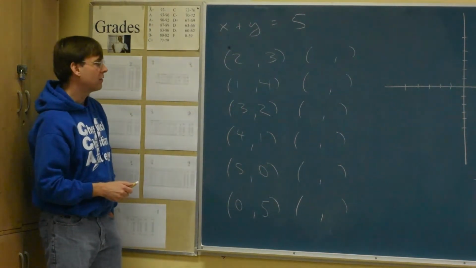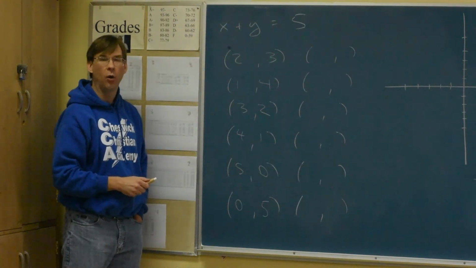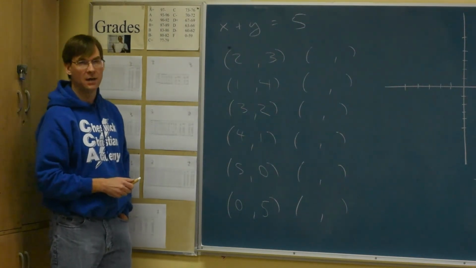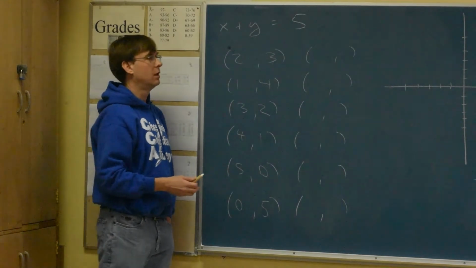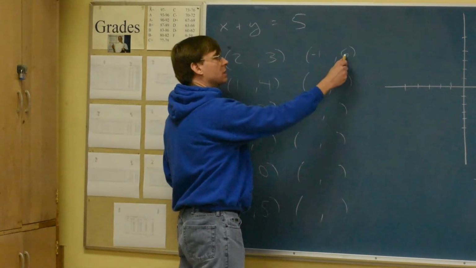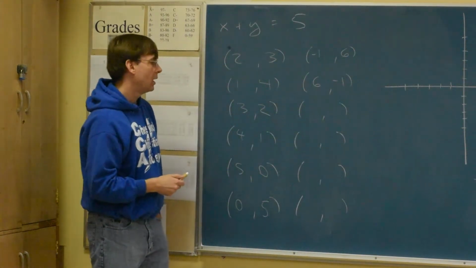And then sometimes after we do those, there's like a hesitation. People are like, I think we're out. And then somebody will come up with an idea, or I'll prod an idea by saying, how about if you got like a negative number involved? And they'd say, oh yeah, maybe like -1 with positive 6, or positive 6 with -1.